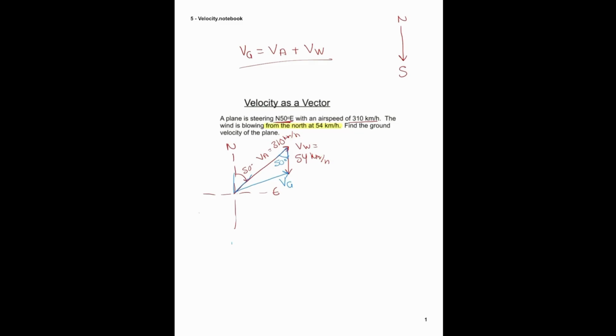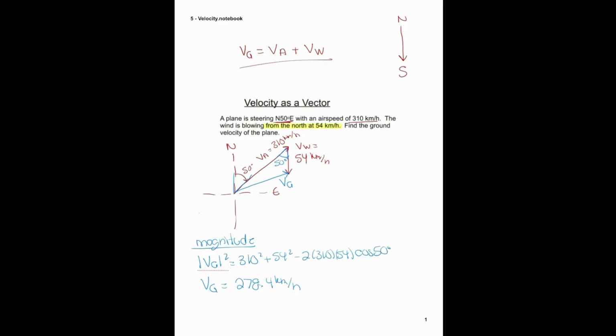Magnitude: my ground velocity squared will be equal to 310 squared plus 54 squared minus 2 times 310 times 54, and that's cosine of 50 degrees. So my velocity of the aircraft relative to the ground, when we do all those calculations, will be 278.4 kilometers per hour.